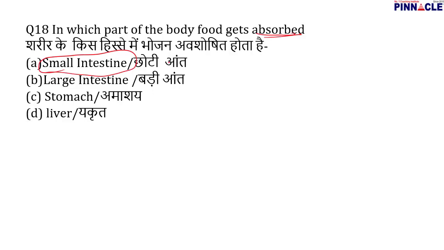So for question number 18, A, that is small intestine, is the correct option. The small intestine has a lining, a wall, and whatever nutrients are digested get transferred to the blood through this only.